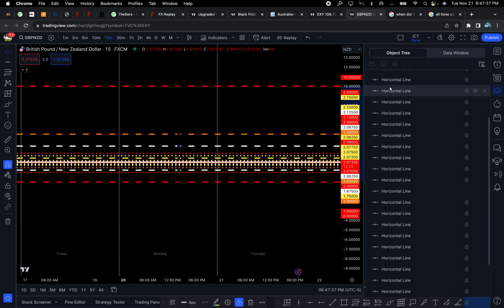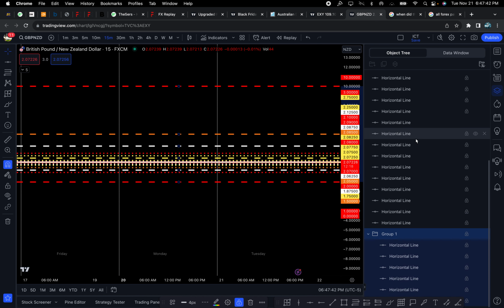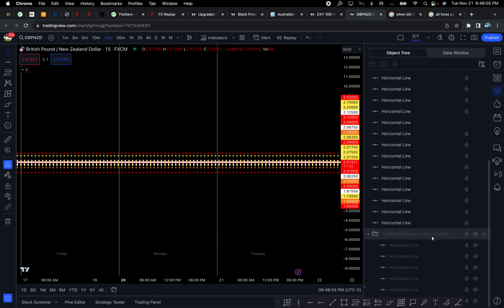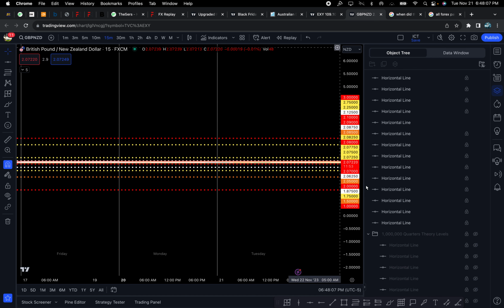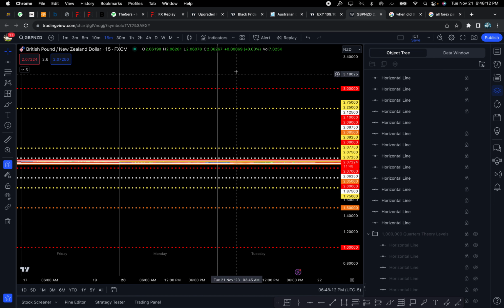So then I would add these into a folder, and I would call this 1 million quarters theory levels, or QTLs, however you want to write it. And then you can hide that, which will help you to highlight all these.